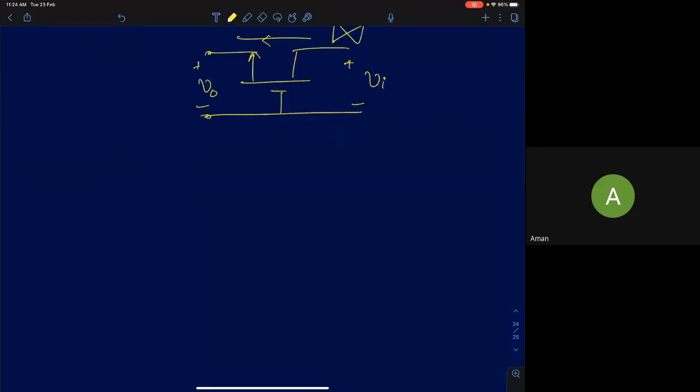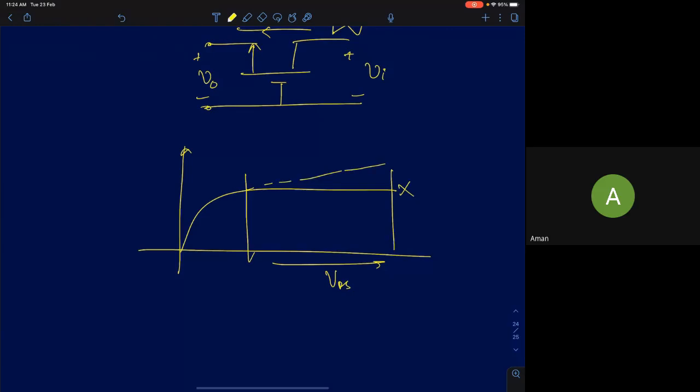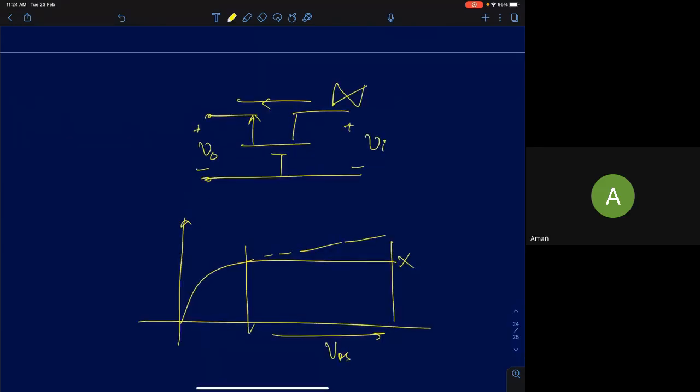Assume the device is in saturation region. Look at the IV characteristics of a MOS device. In this region, even though VDS is changing, there is no change in the drain current. Drain current remains constant to first order, but usually there will be some R naught, because of which there will be a change. So you cannot use it as an amplifier in this direction.